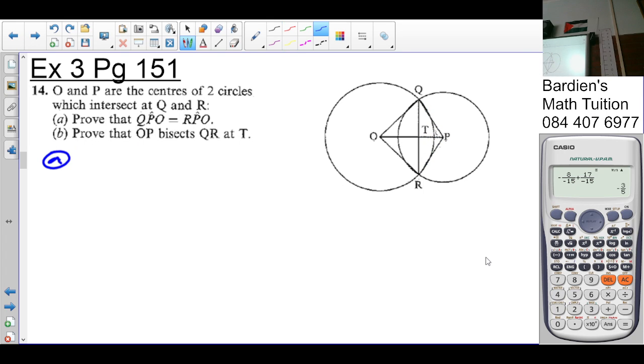So in this shape here, in quad QPRO, what can we say? We know that QP is equal to PR. Why is that the case?